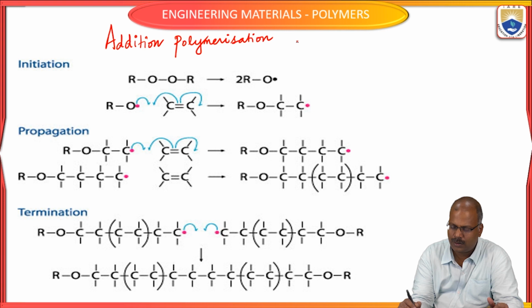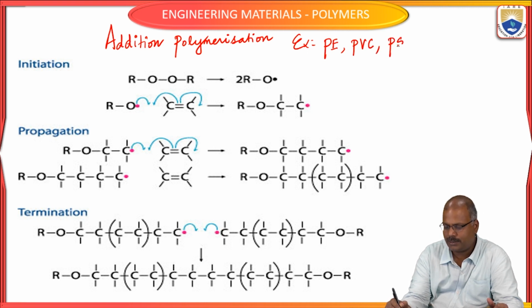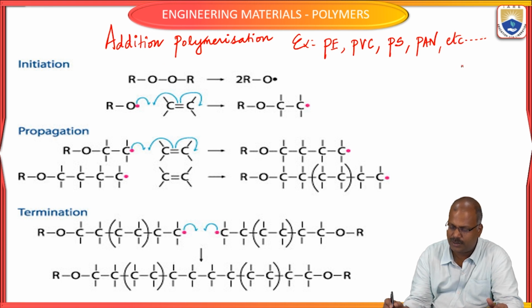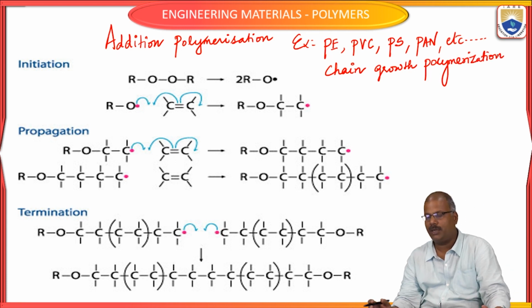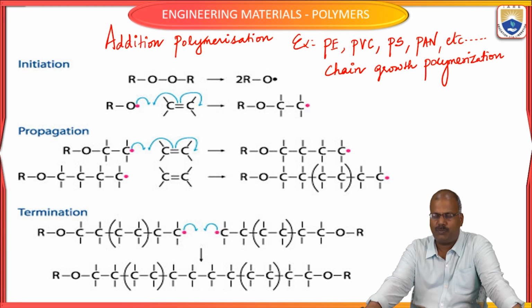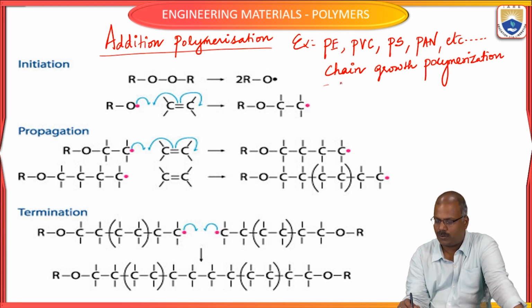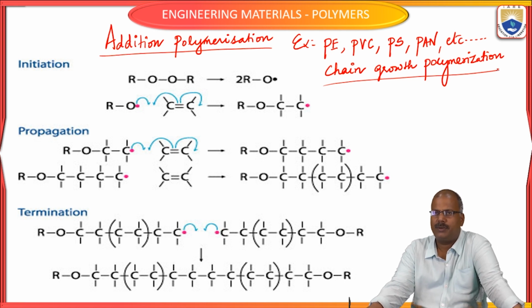Examples: polyethylene, polyvinyl chloride, polystyrene, polyacrylonitrile, etc. These are all addition polymers, or you can also say chain growth polymerization, where the chain grows as the polymer is formed. Addition polymerization is also called chain growth polymerization or chain polymerization.